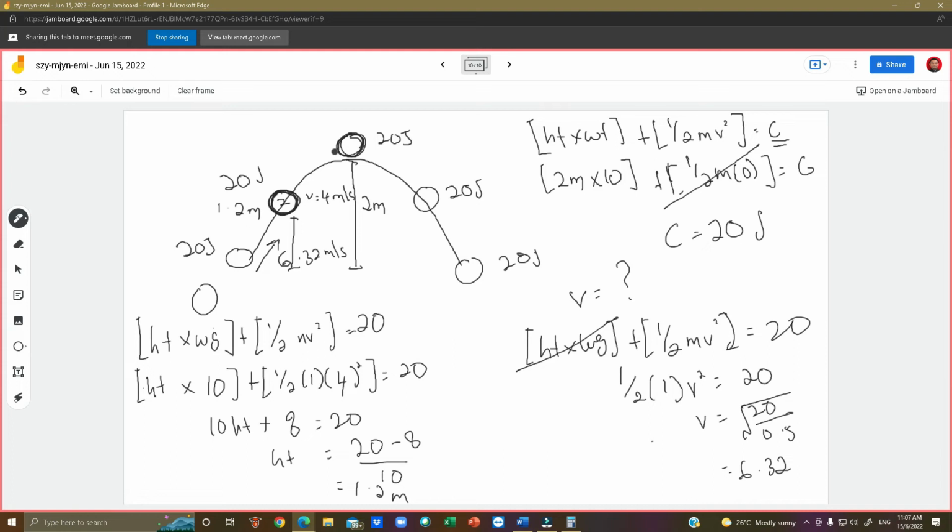If you are at the top, the velocity is 0, potential energy tinggi. Jadi kat sini, potential energy maximum, kinetic energy kosong. At the bottom, kinetic energy maximum, potential energy kosong. This is what we call conservation of mechanical energy. If one of the parties increases, another one decreases in order to stabilize the amount of energy within the system.